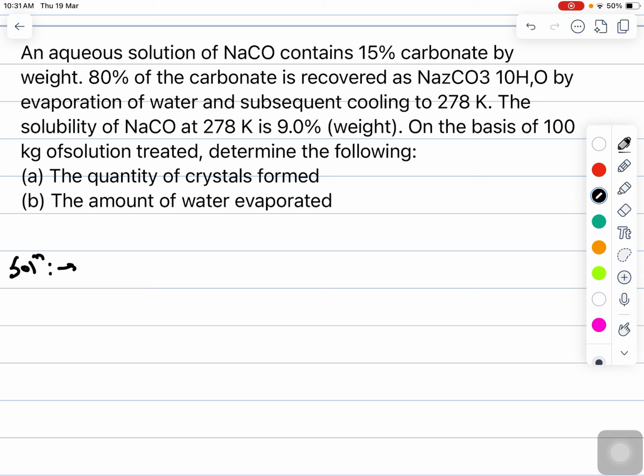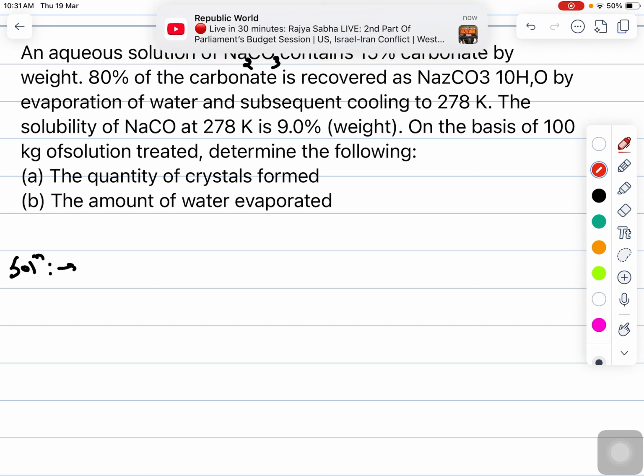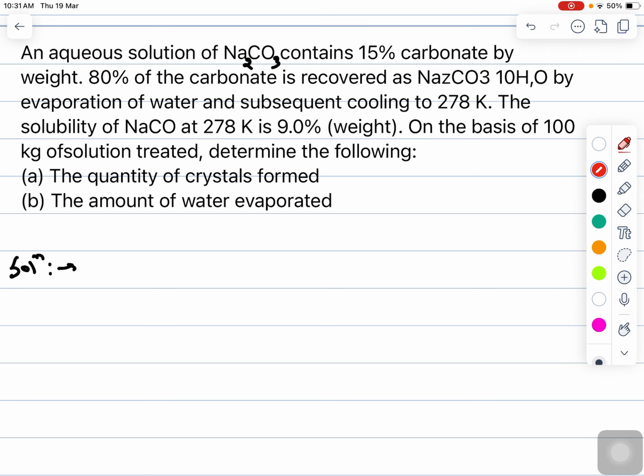So in this problem, an aqueous solution of sodium carbonate contains 15% carbonate by weight, and 80% of the carbonate is recovered as Na2CO3·10H2O, that is sodium carbonate decahydrate, by evaporation of water and subsequent cooling at 278 Kelvin.